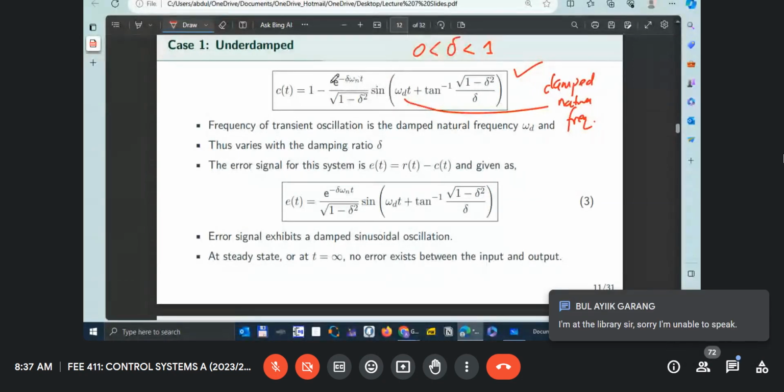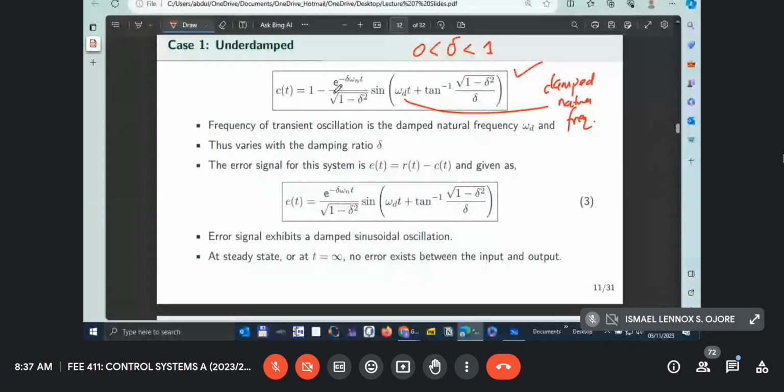So we have a decaying exponent here, and these are actually oscillatory, and they die out as time goes to infinity.